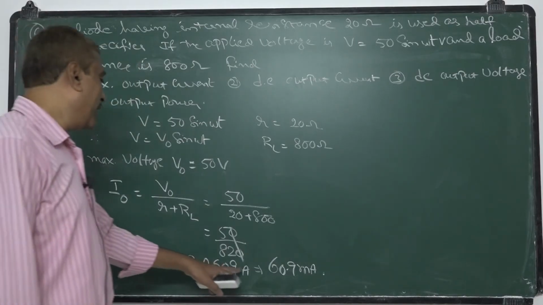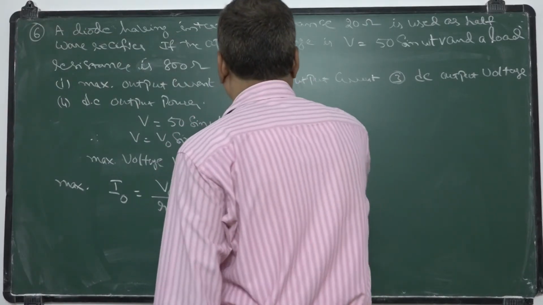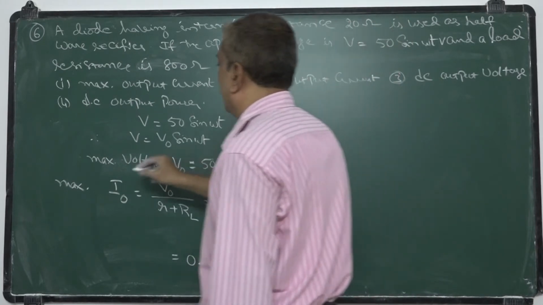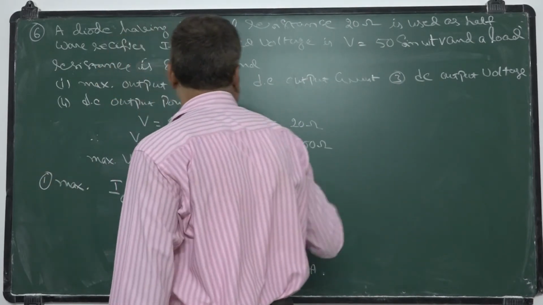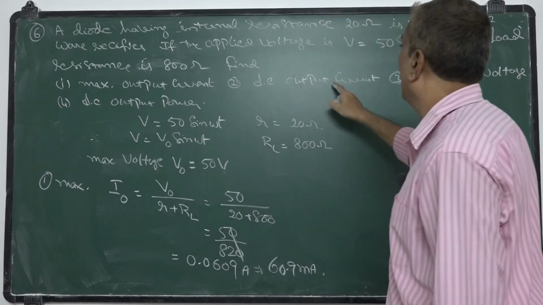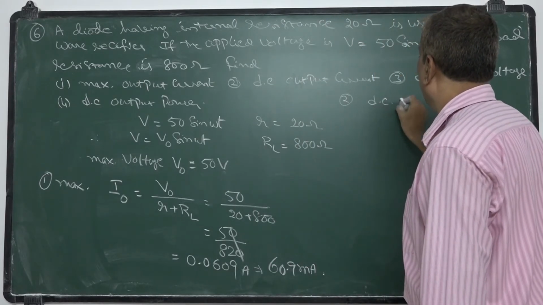Okay, now the current is 60.9. The first one is maximum current, and the second one is DC output current.